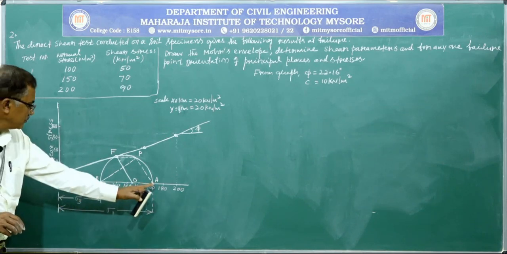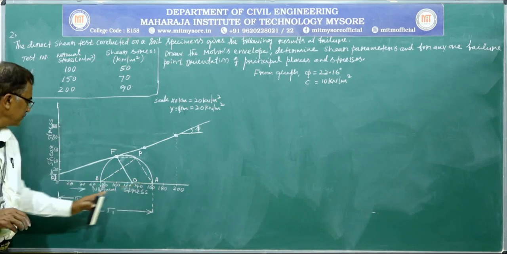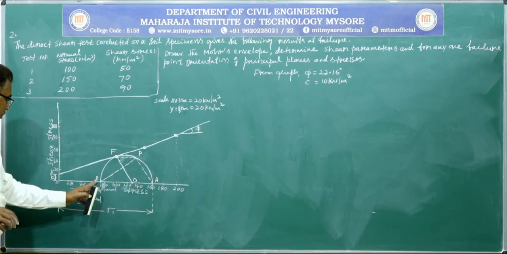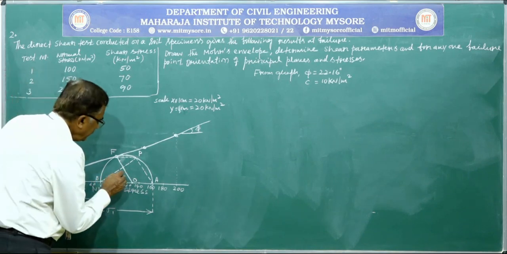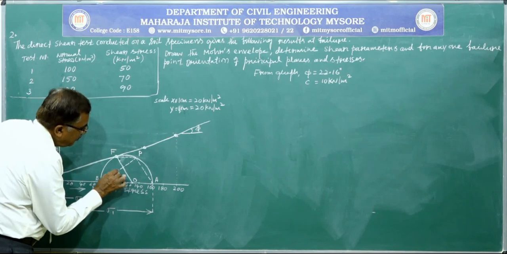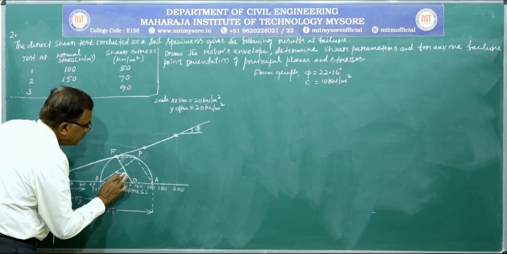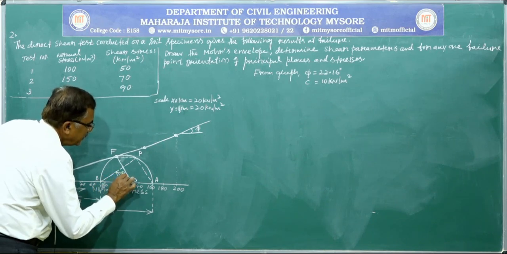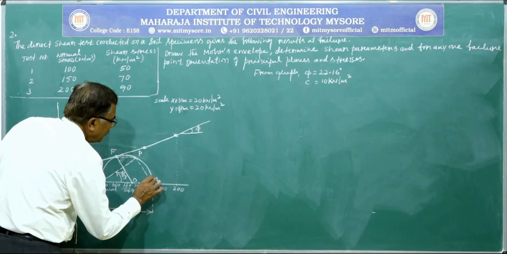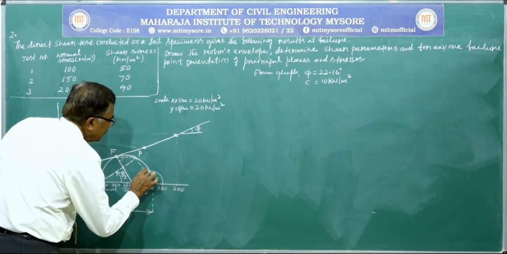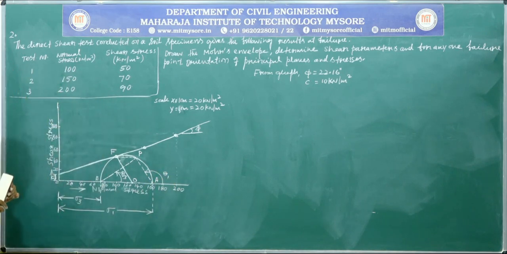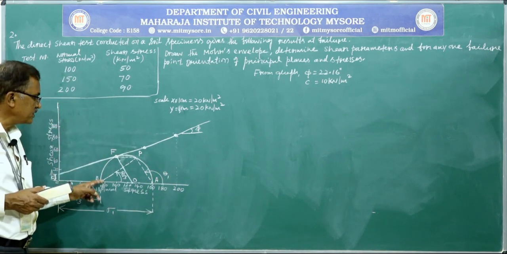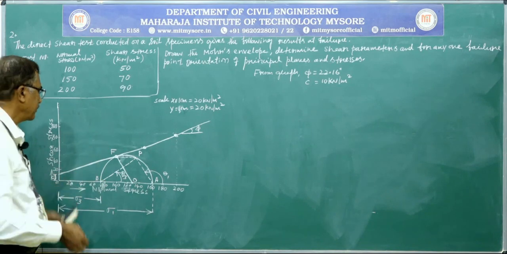It is OA, then OB, and we can mark the principal planes. So this is theta 3 and this one is theta 1. Here theta 1 is the major principal plane and theta 3 is the minor principal plane.